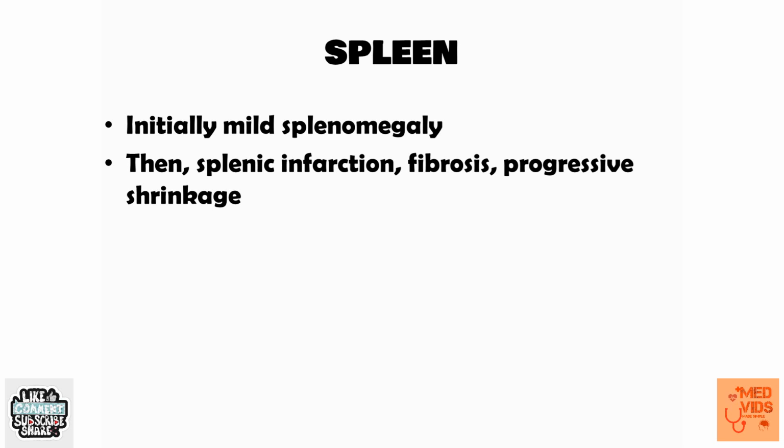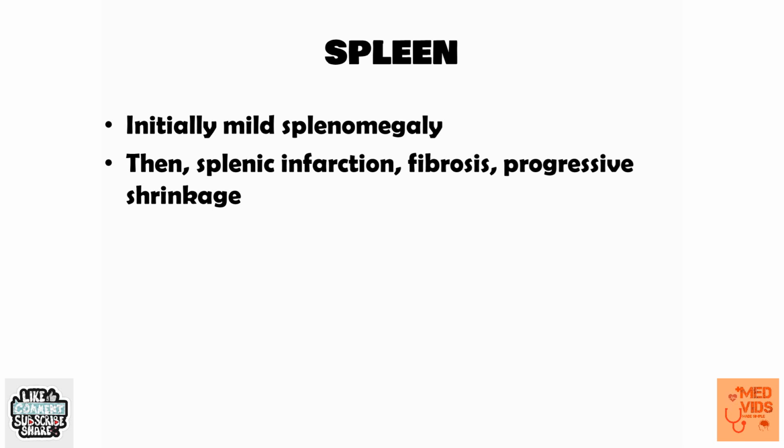And repeated episodes of splenic infarction can cause fibrosis of the spleen, and this can progressively lead to shrinkage of the spleen. Okay, so in the end stage, just a small fibrotic tissue remnant of the spleen may remain, which is functionally not useful for that patient.